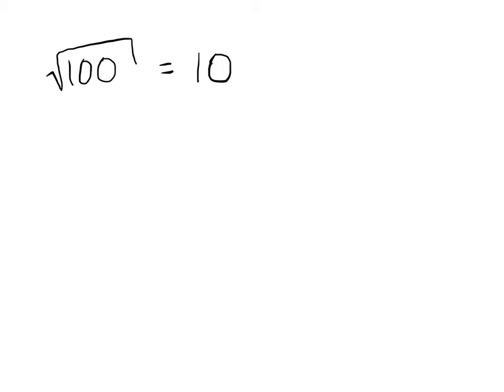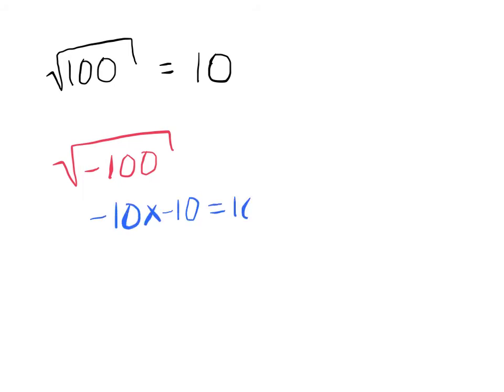Now, to shake things up a little bit, let's say we wanted to find the square root of negative 100. What number times itself again would get you negative 100? It's very tempting to say that it's negative 10. However, think about this. Negative 10 times negative 10 is positive 100 again.